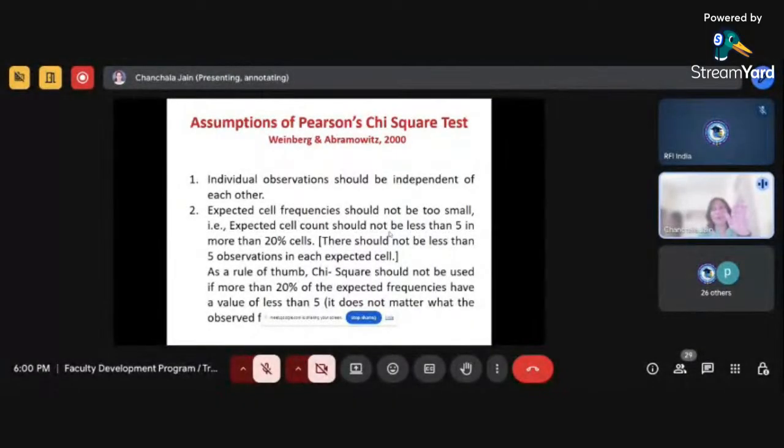So 20% or below 20% is okay, but if the percent goes above this, there is a problem or the assumption is violated by the data. So expected count should not be very small, right?